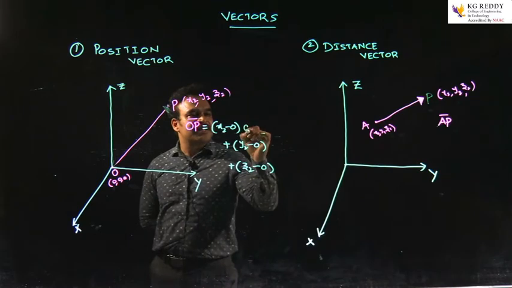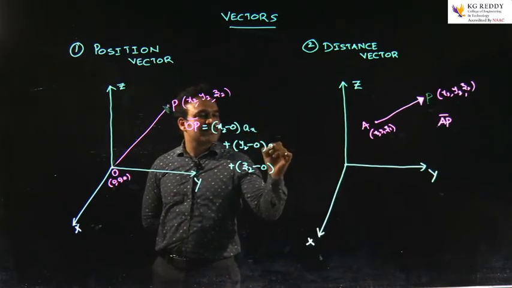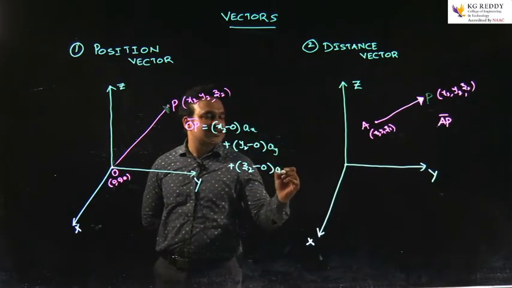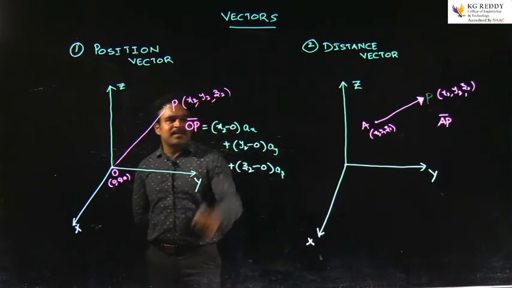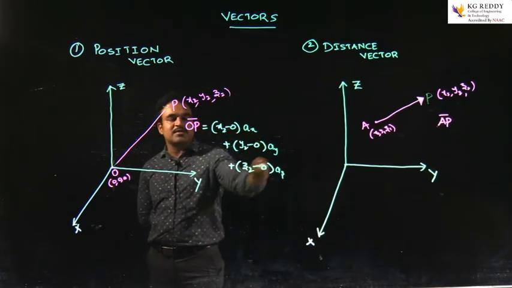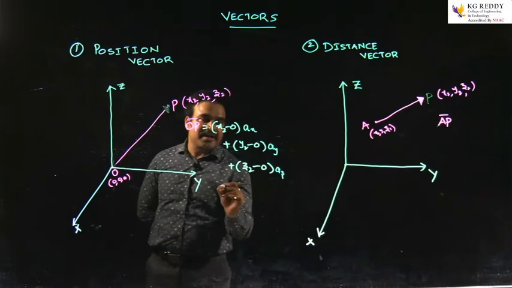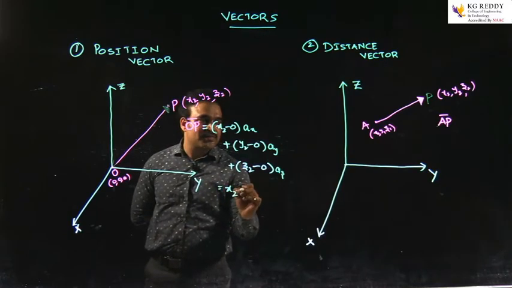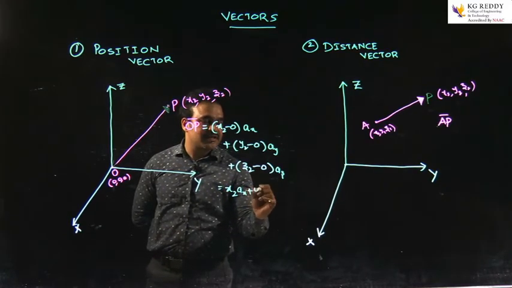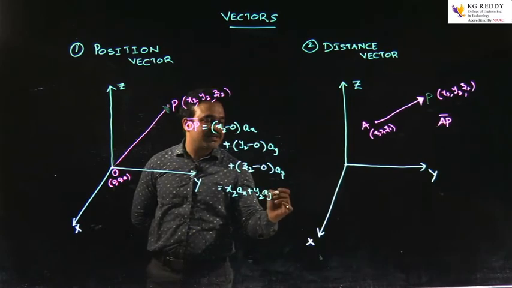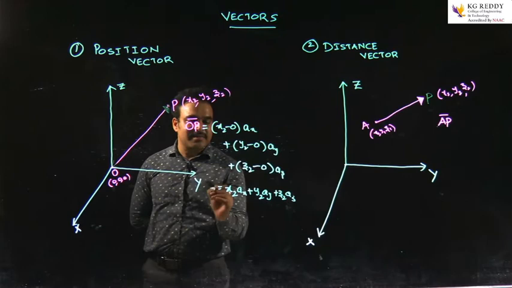So now I am representing the vector here. It is ax, it is ay, and it is az. As there are zeros, because it is lying at the origin, I can simply write this equation as x2 ax plus y2 ay plus z2 az. So this is nothing but OP bar.